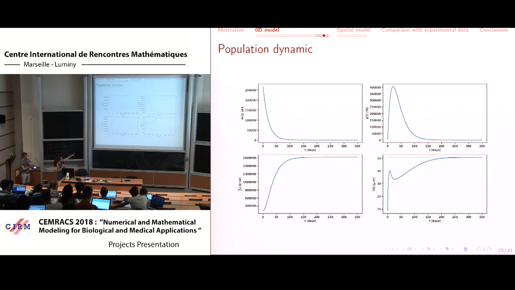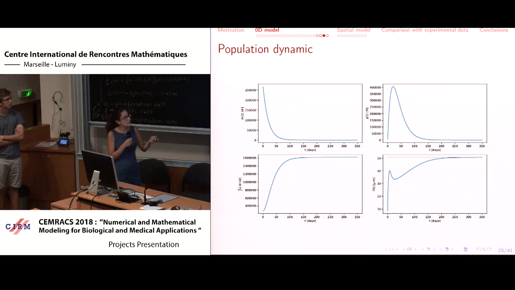In the second plot here, we see the preadipocytes. We have first a growth of the number of preadipocytes due to the fact that the mesenchymal cells differentiate into preadipocytes, but then they tend to 0 because they either die or they differentiate into adipocytes.